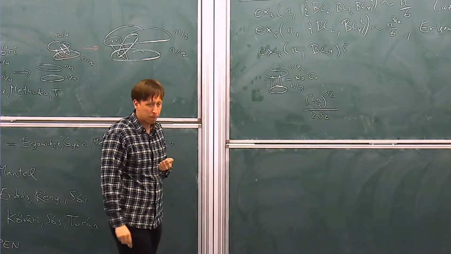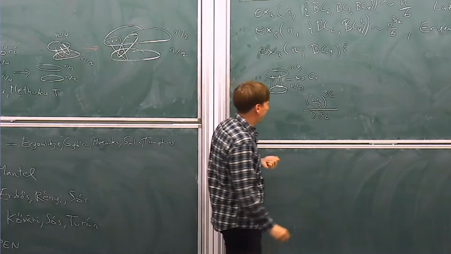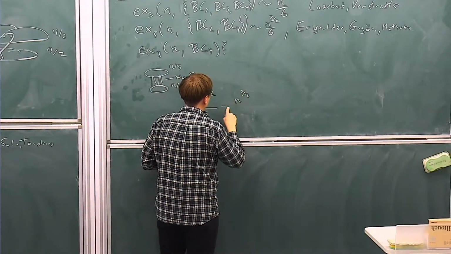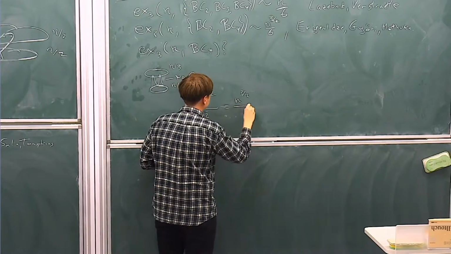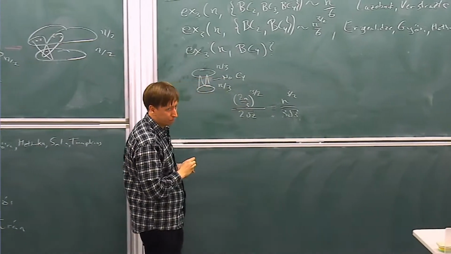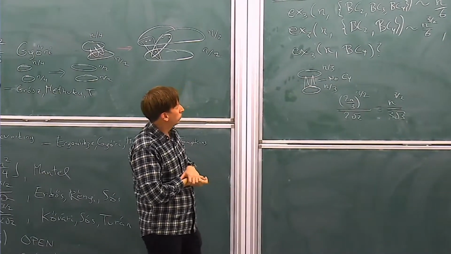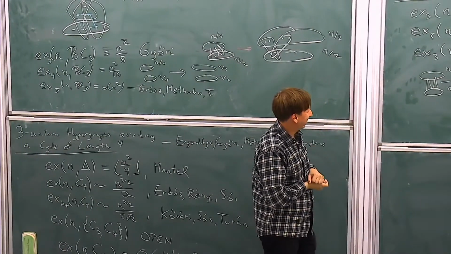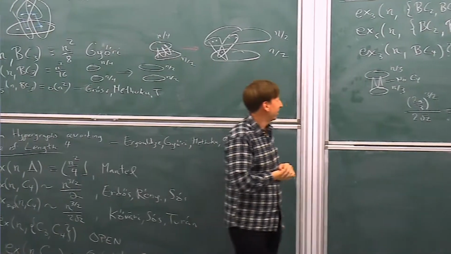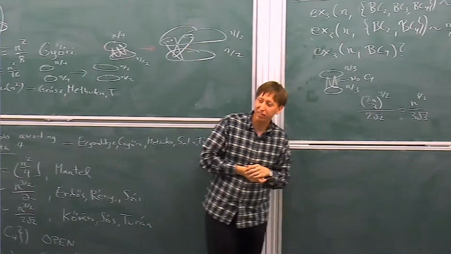If I do that, what I get is n to the 3/2 divided by 3 root 3. So this is what we conjecture should be the right answer for 4 cycles, but not what we can prove.